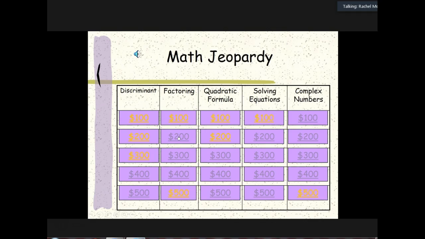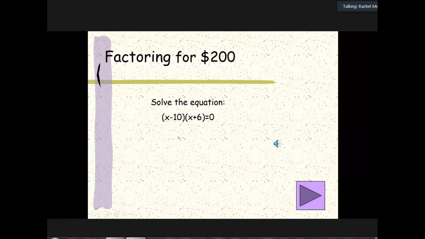Okay, factoring for 200. Solve. No, that's factored form. I want solutions. What are the solutions? Solve that equation.